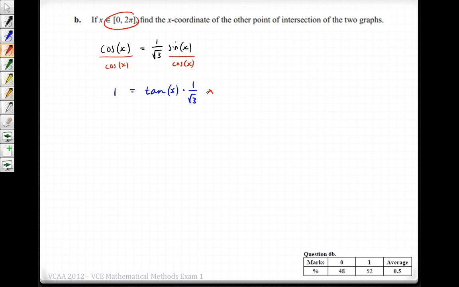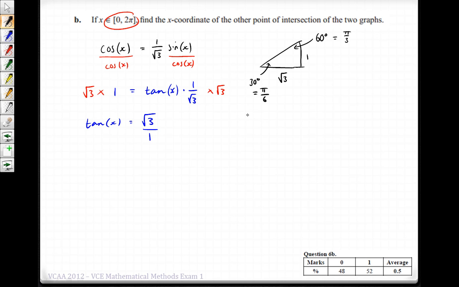So when we times both sides by root 3, we get tan of x equals root 3. Technically root 3 on 1. So now we draw our triangle again, and we find that this is 60 degrees or pi on 3, that's root 3, that's 1, that's 30 degrees or pi on 6.